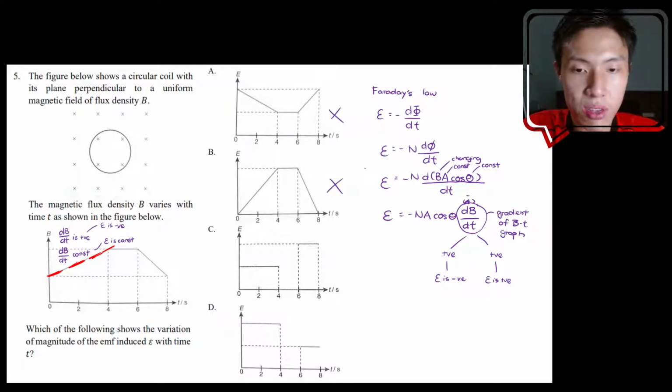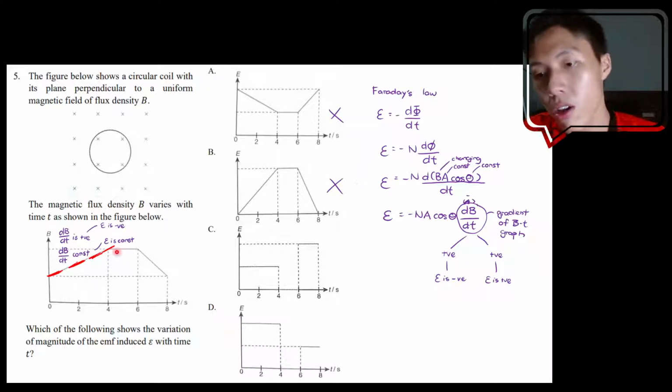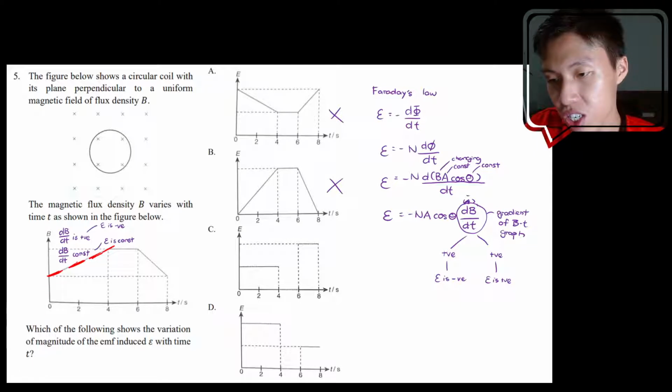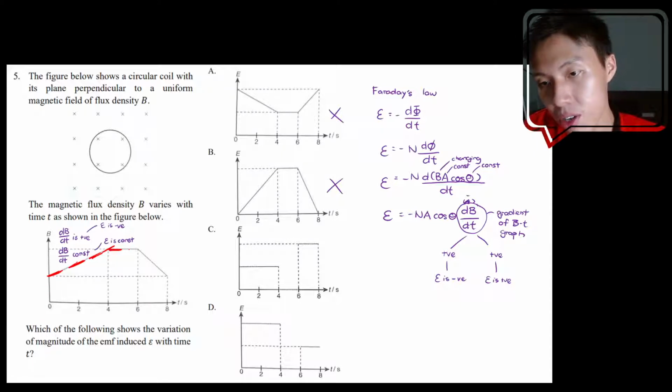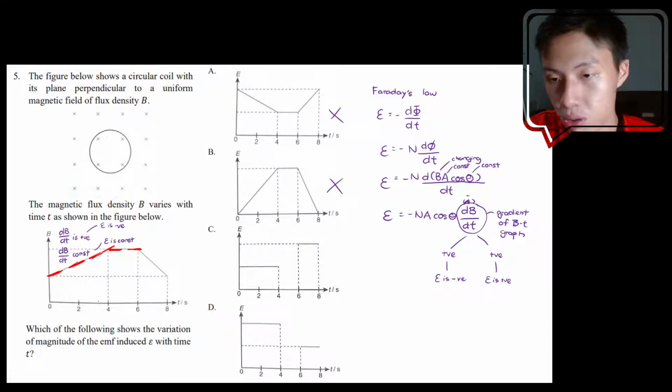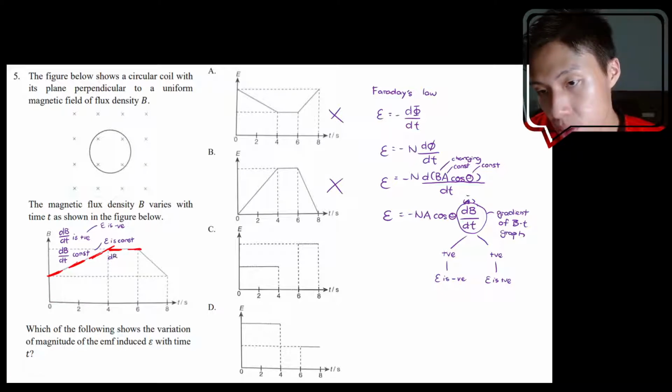Okay, so let's continue. For the second section, we can see that the gradient is not changing again, but this time the gradient is equal to 0 because it's flat. The gradient is flat. That's why you can make a conclusion that dB/dt is 0 and dB/dt is constant at 0.